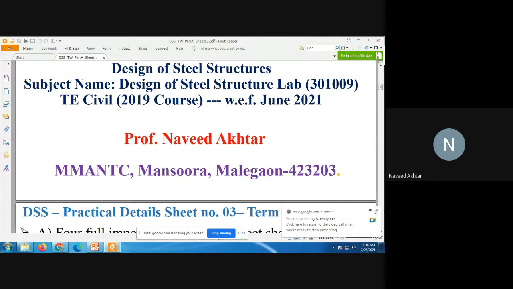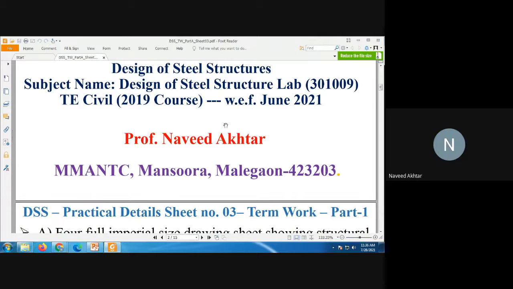This one is our third practical, virtual practical, online practical, you may say. In that, you have to draw the different sheets.